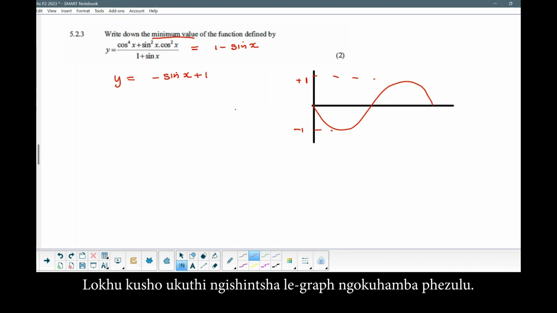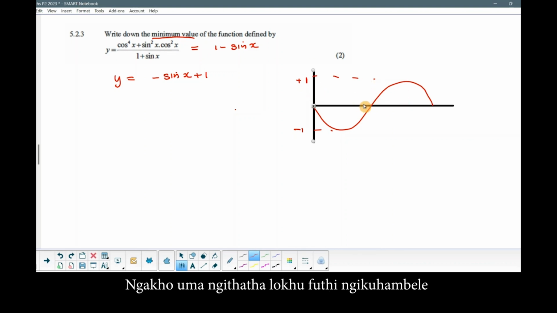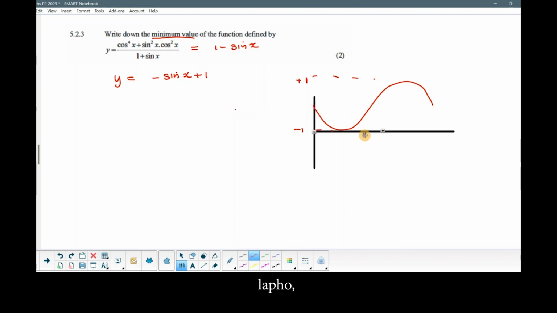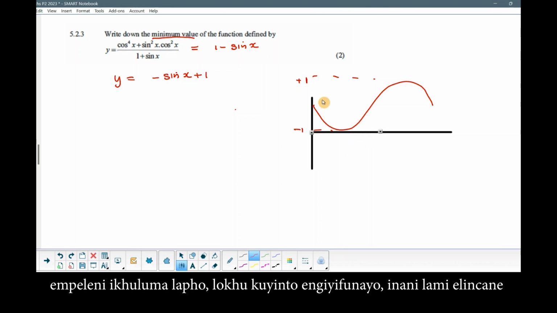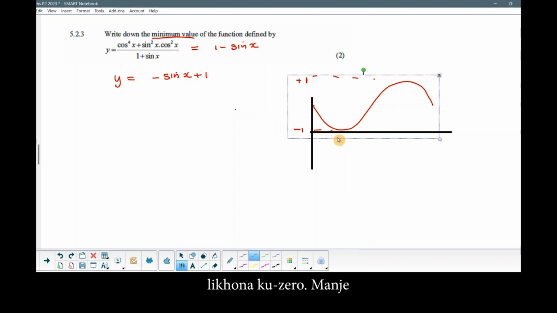That means I'm shifting this graph vertically. In which direction? Good, upward. So if I take this and I move it there, that's what my graph will look like, with my minimum value actually sitting at 0.